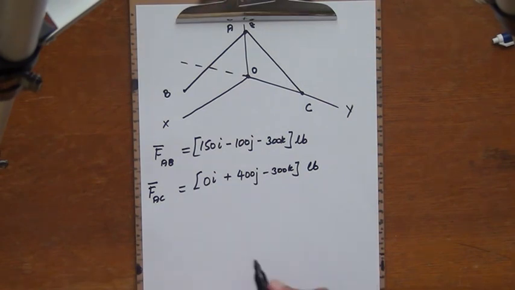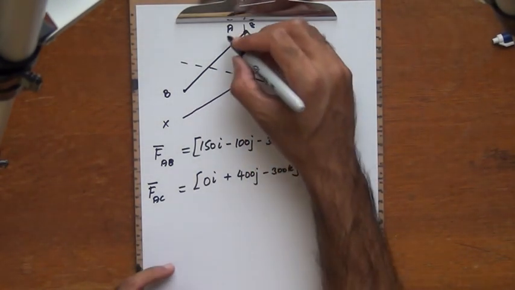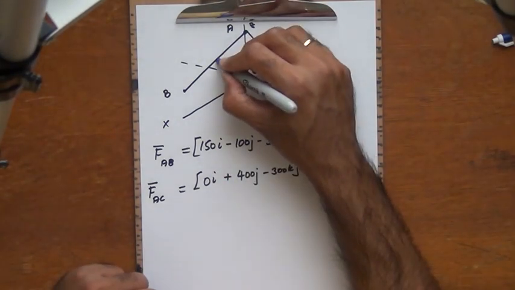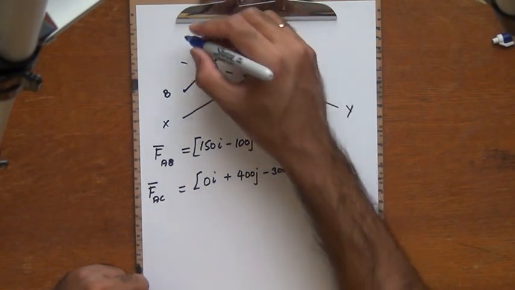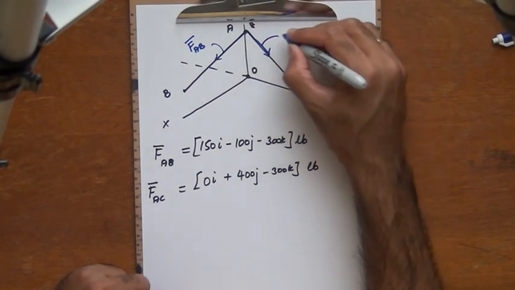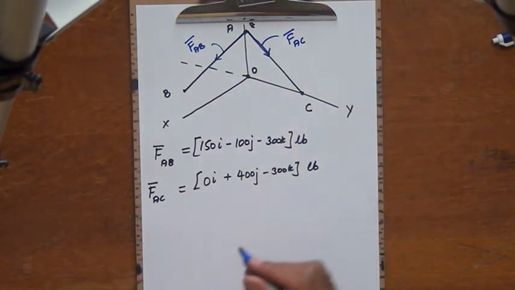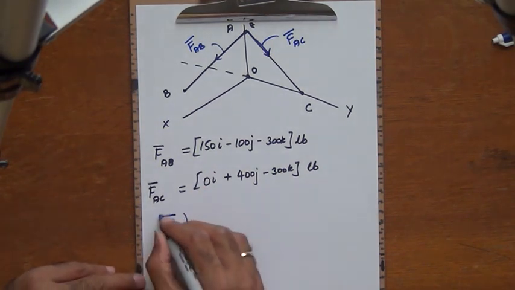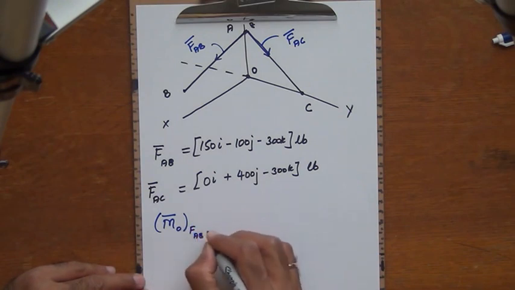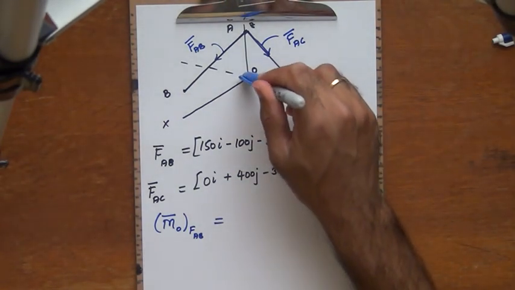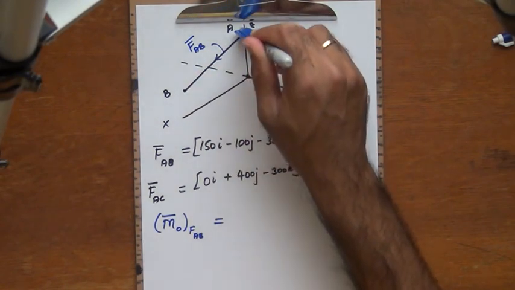Now I need to find the moment of the force FAB about the point O. So here is the force FAB. I'm going to draw these in a different color. So force FAB, and here is the force FAC. Moment of a force about a point, right? So moment of the force FAB about the point O is going to be the cross product of the position vector from the point of interest to any point on the line of action of the force with the force itself.